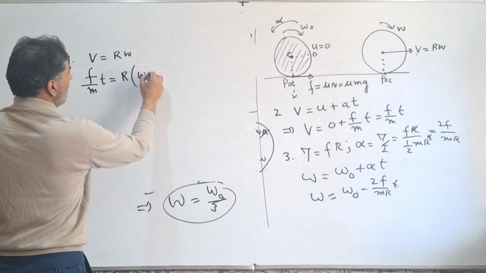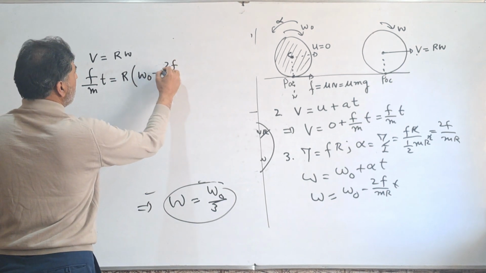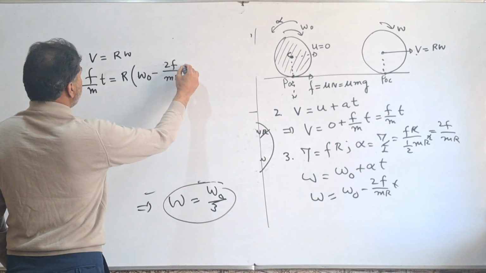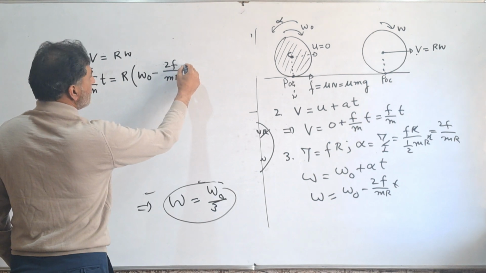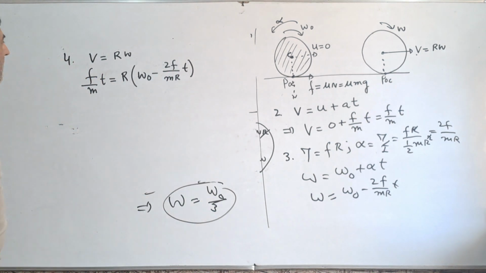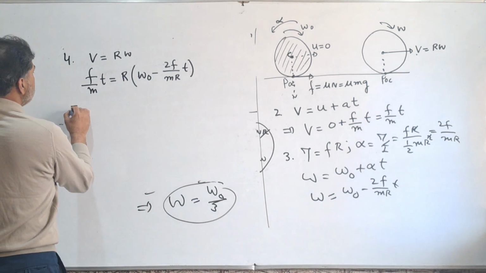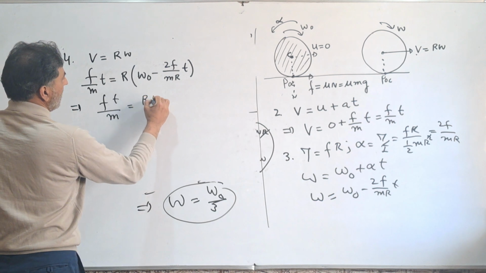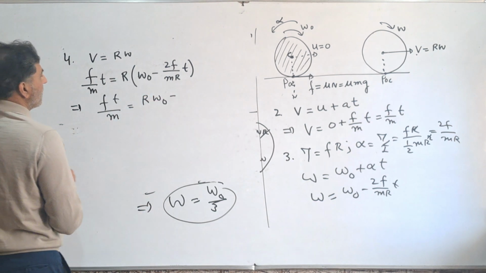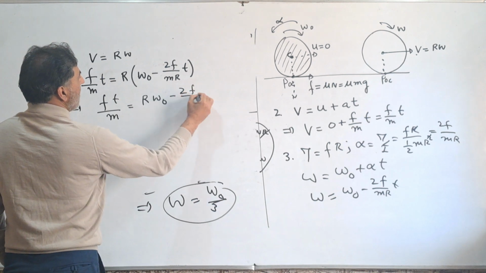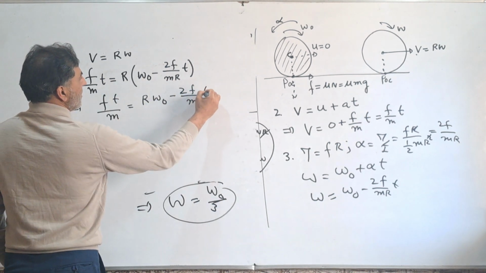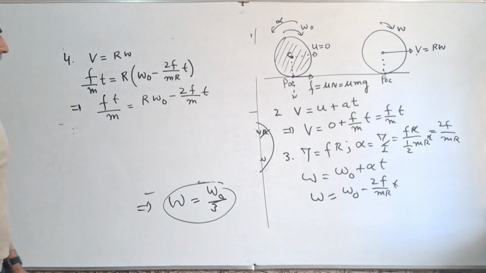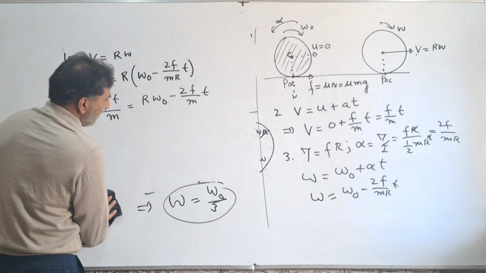That's omega 0 minus 2f by m r into t. Now I should write it like this: Ft by m is equal to r omega 0 minus 2f by r times t, which will cancel by mt. Right? Simple mathematical steps.